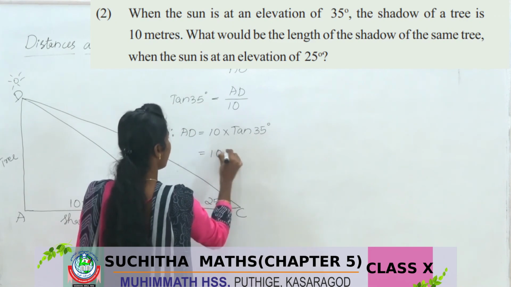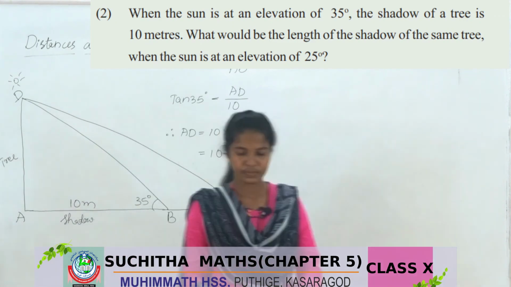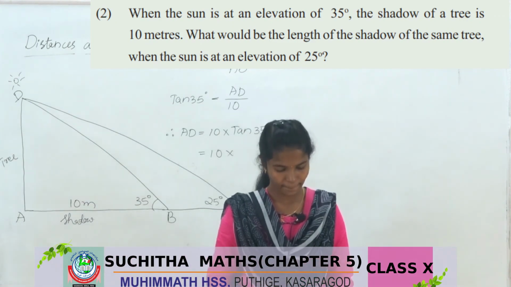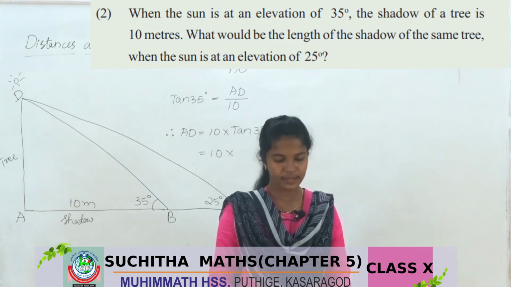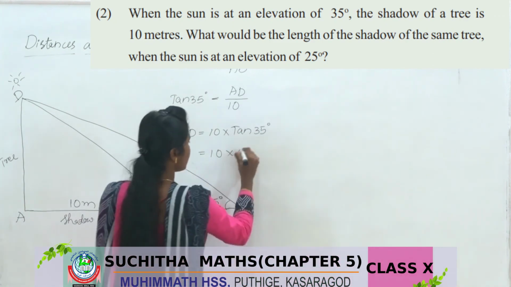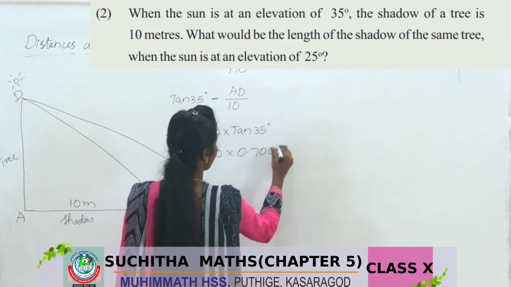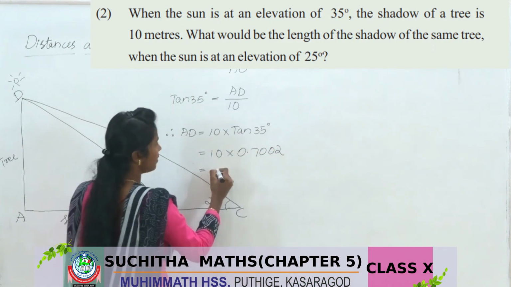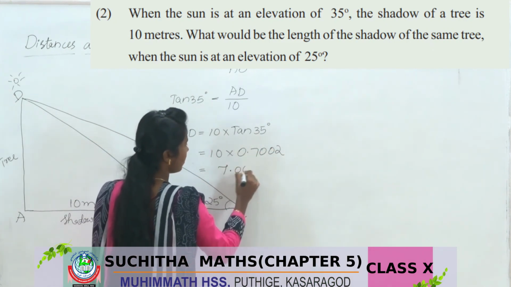Now apply the value of tan 35. Tan 35 is 0.7002. By multiplying we get 7.002.